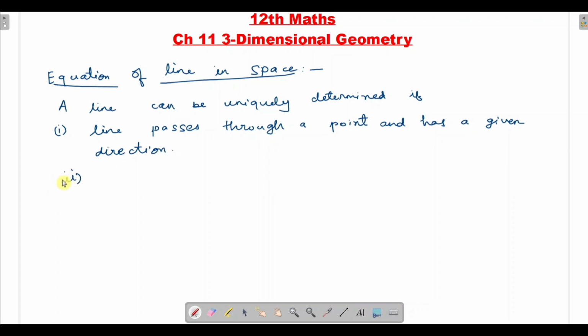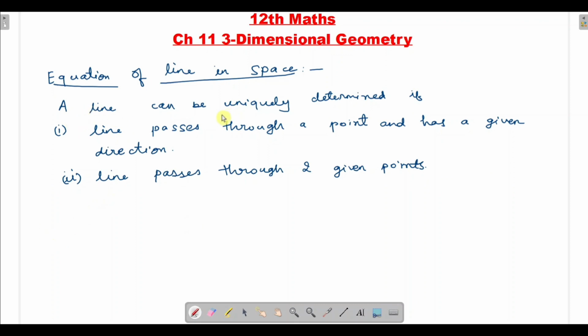So this is the first way you can determine a line. Or if the line passes through two given points. So in these two ways you can determine the line.